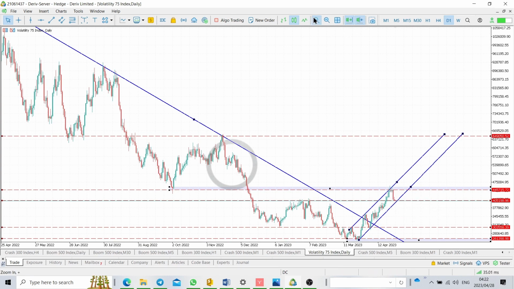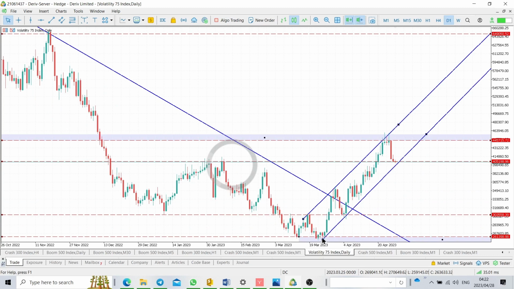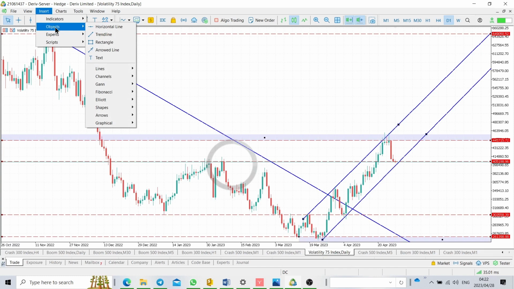So if we join these higher lows, we have point A and we have this point B. So we are anticipating that at this point C, price is going to reverse and continue to go up and break this level. This is what I'm currently anticipating.